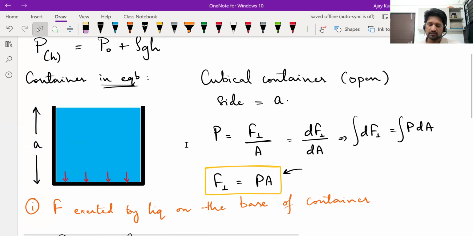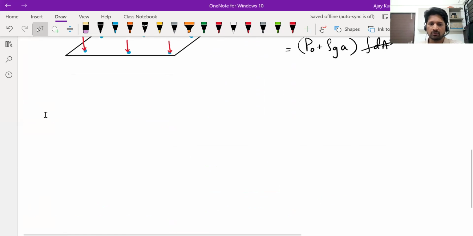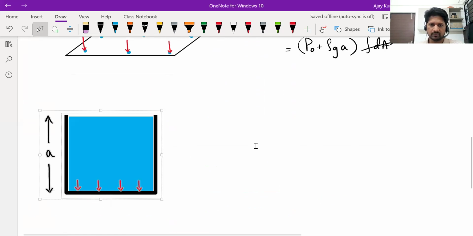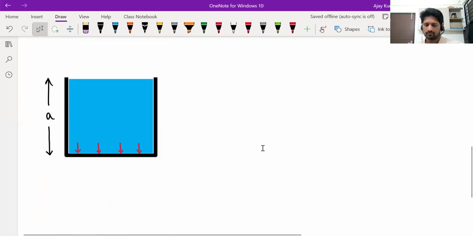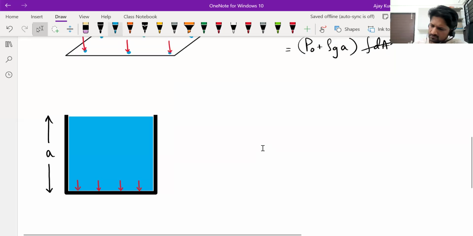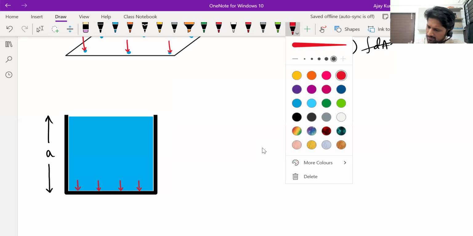Now, you know that the liquid will be exerting force on the walls of the container as well. That is the next question now. You have to find out how much force acts on any one wall of the container. Just to help you understand better, let me draw one side wall.